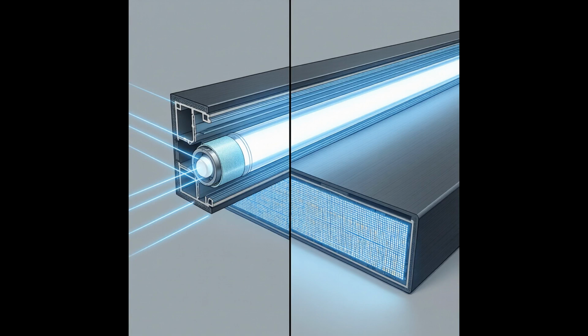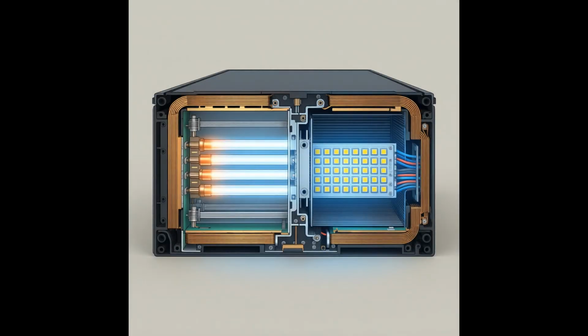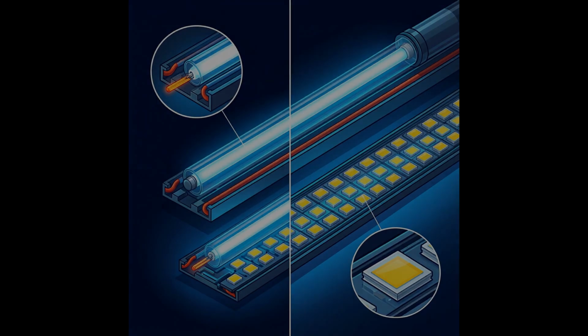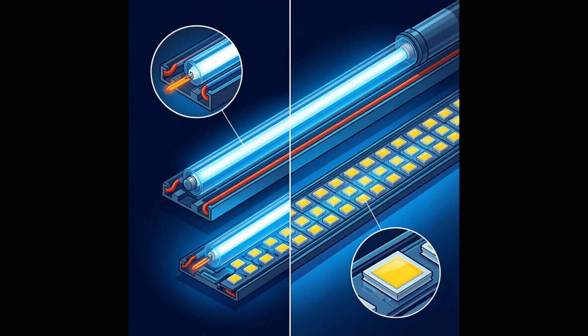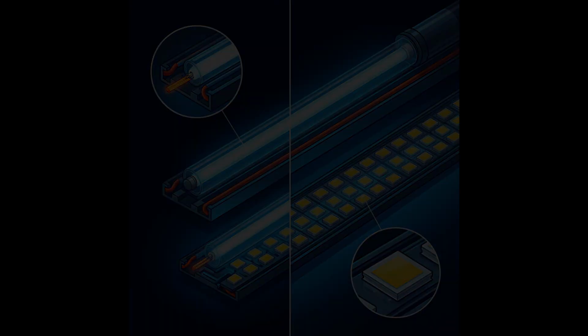In contrast, modern LED backlights utilize semiconductor recombination within diode junctions, where electron hole pairs release energy as photons upon electrical excitation. The geometric difference is stark. CCFL systems require long curved tubes positioned behind the panel or along edges, whereas LEDs are discrete surface-mounted components arranged in precise arrays.